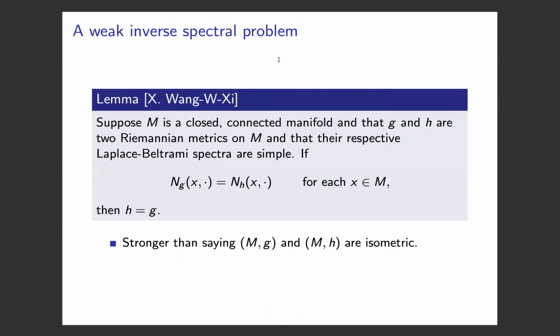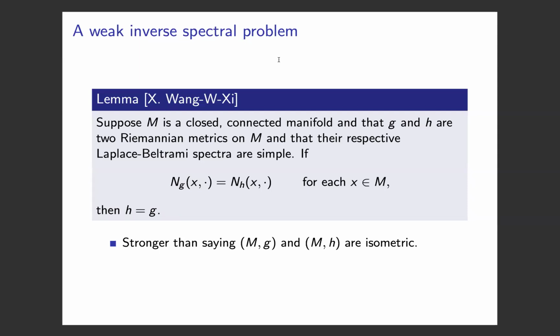So here's a weak inverse spectral problem, and this lemma is going to help us with the proof. Suppose that M is a closed connected manifold and that g and h are two Riemannian metrics on the manifold with respect to which the Laplace-Beltrami spectra are simple, respectively.